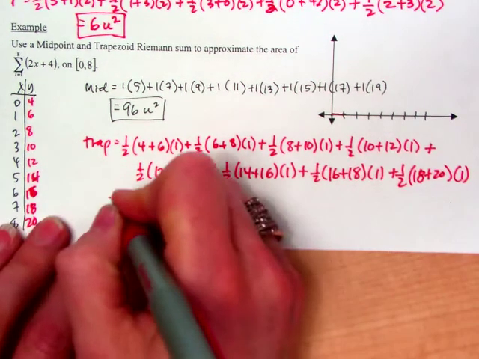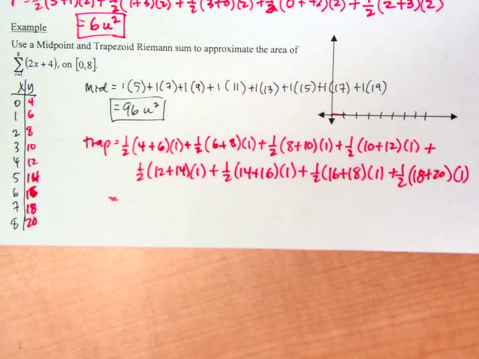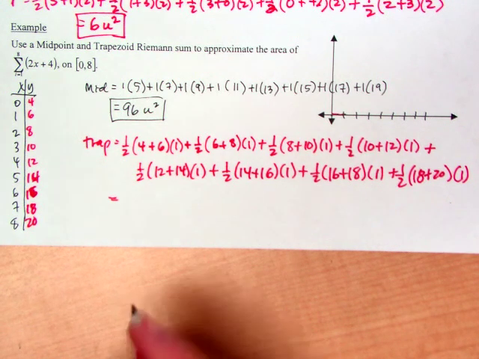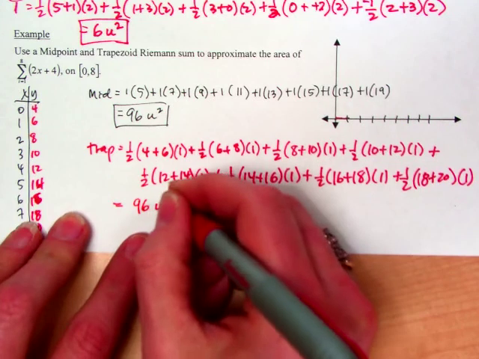And trapezoid is by far the best, but it does take the most time. Half times that, and we've got just typing all this in. And I ended up with 96. I sure hope that's right because that took a long time.